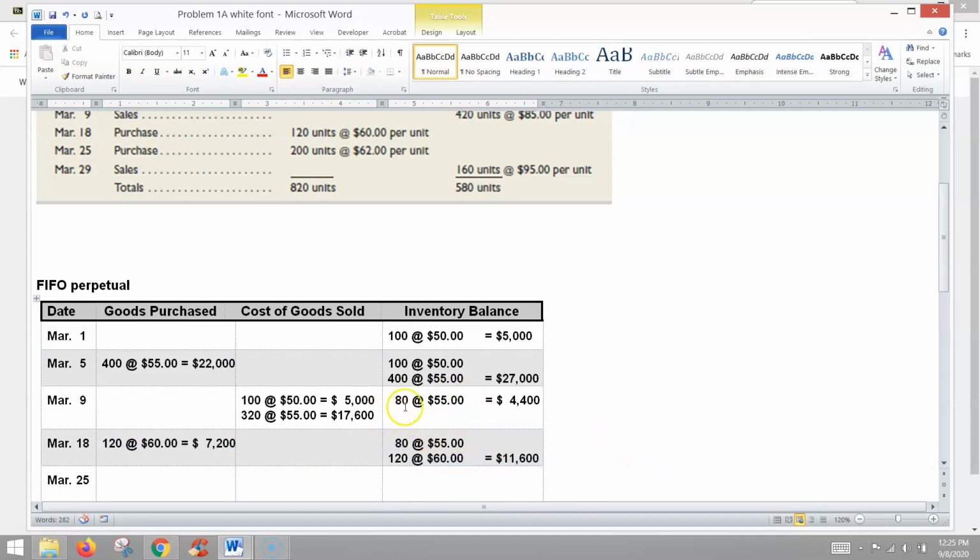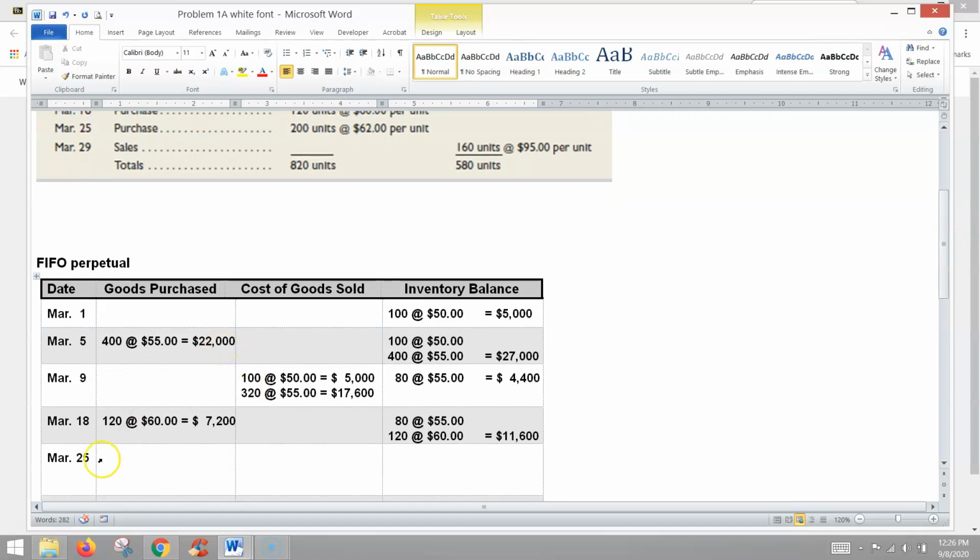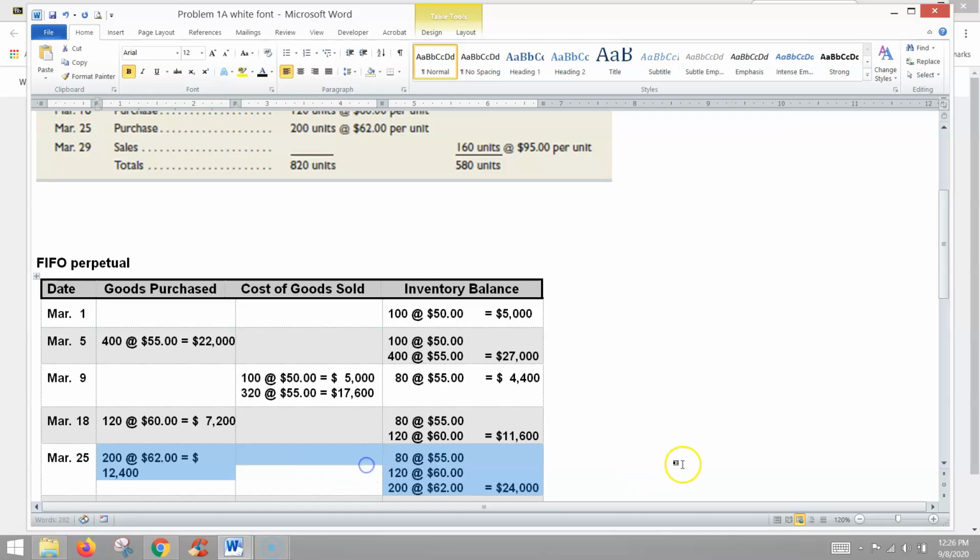So we still have our 80 at $55, but in addition, we have 120 at $60. On the 25th, we're going to make an additional purchase of 200 units at $62. Then we add a third costing layer. So we have 400 units, but at three different costs, equaling $24,000 in total.